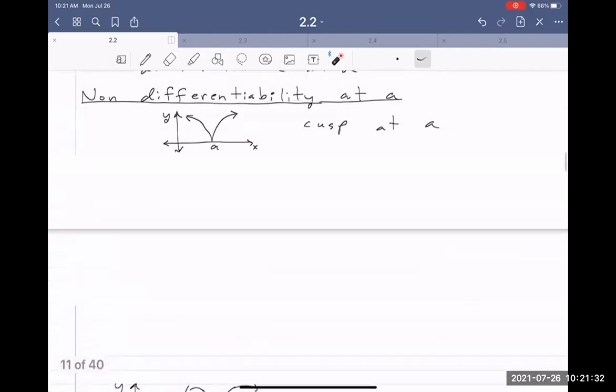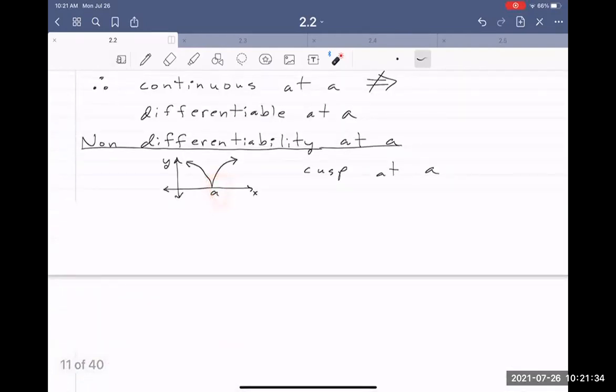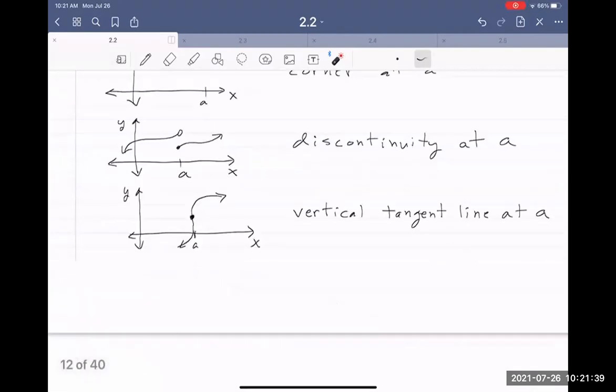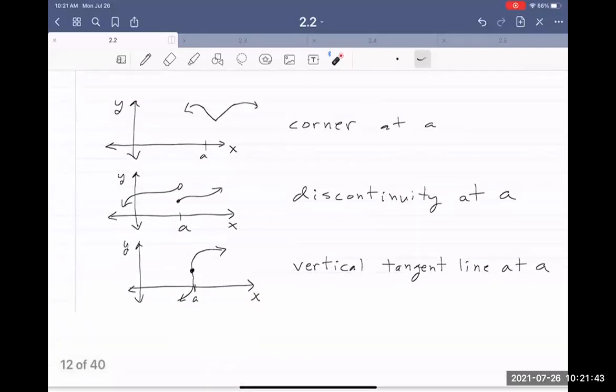If they're equal to different infinities, then we say that it's a cusp. And those are really the classifications that we have for differing types of non-differentiability.